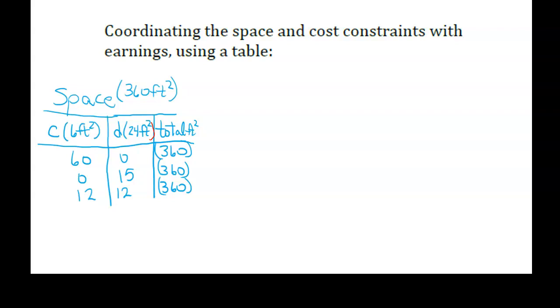The expectation is that you, the student, would try several different options and combinations to see which work. When we're only looking at this space constraint, and we look at the total amount of space used for each of these suggestions, they all require 360 square feet. And so they all meet this space constraint.